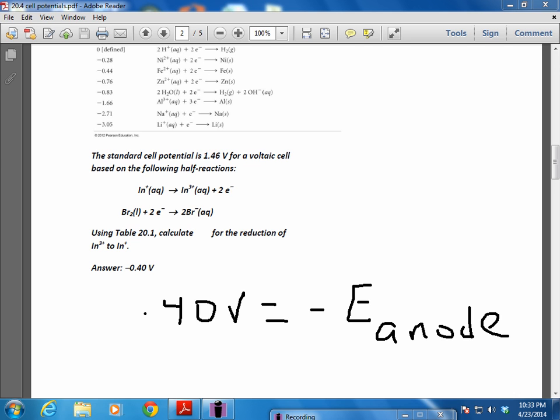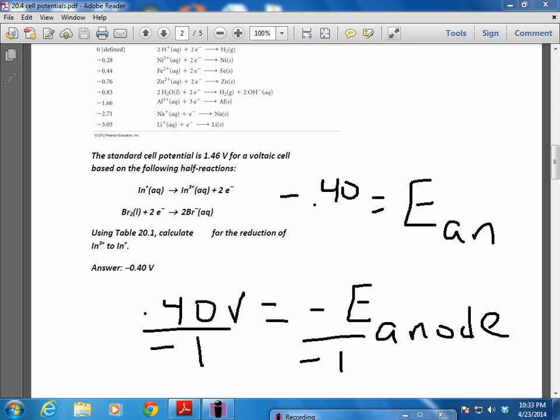Well, I want to solve this for what E is, not what the negative E is, so I divide by -1 on both sides. So when I do that, I end up with the E of the anode equal to -0.40. So I'm using that equation and what I know already to help me solve for that other potential.